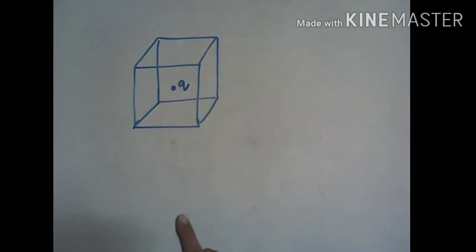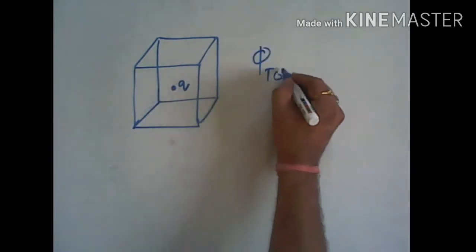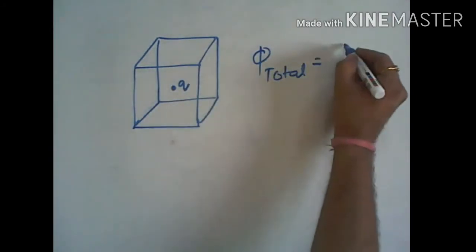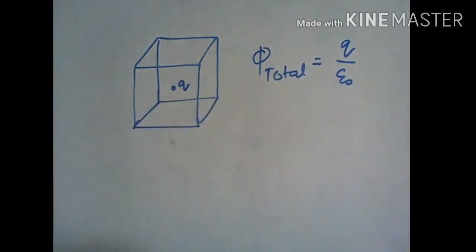So we know the total flux through the cube will be Q by epsilon naught, right?